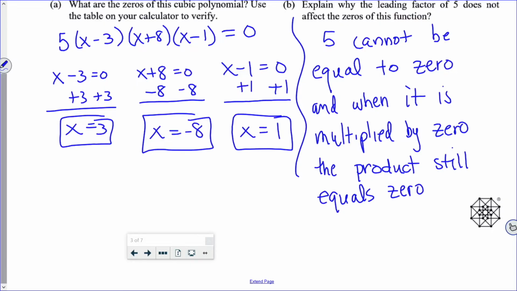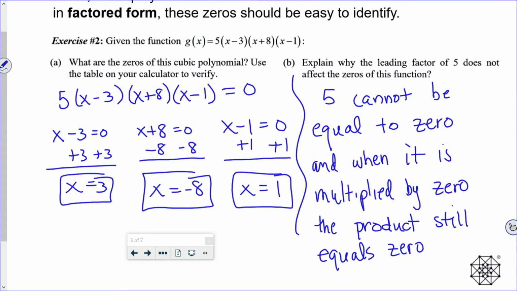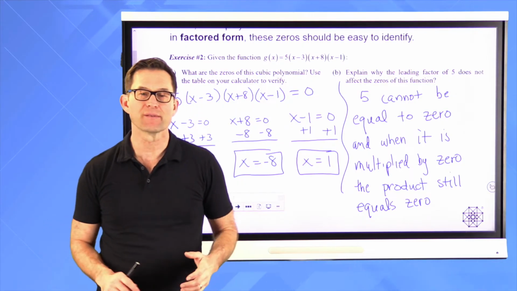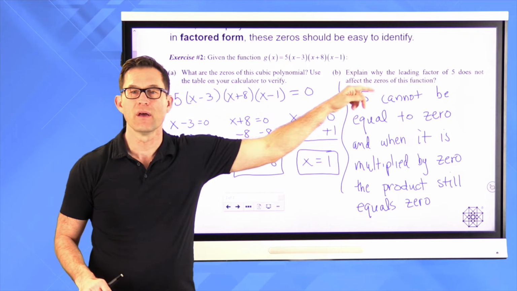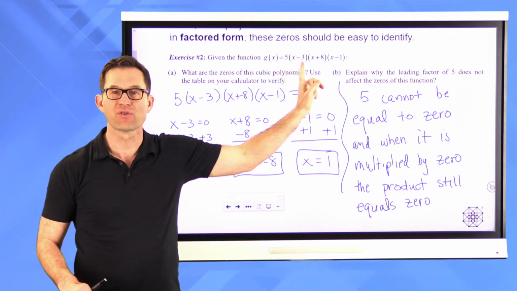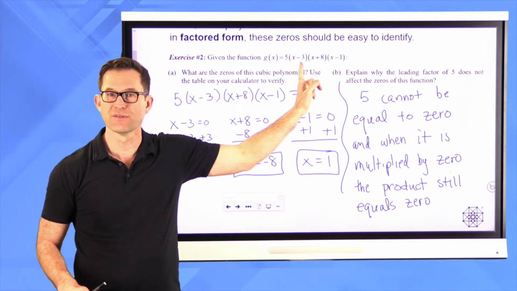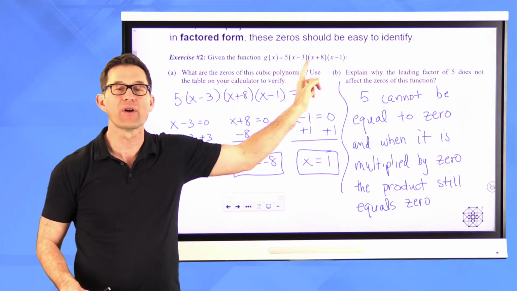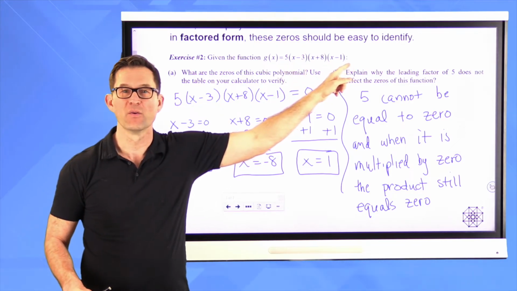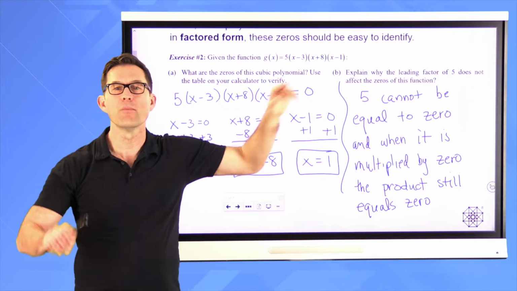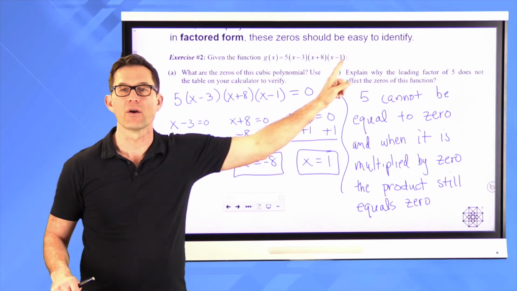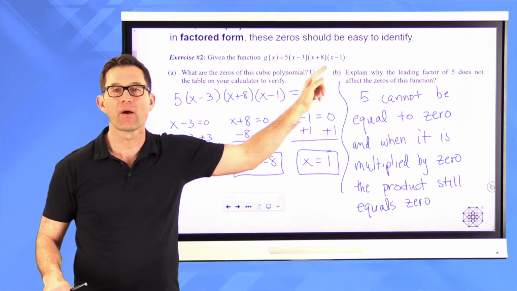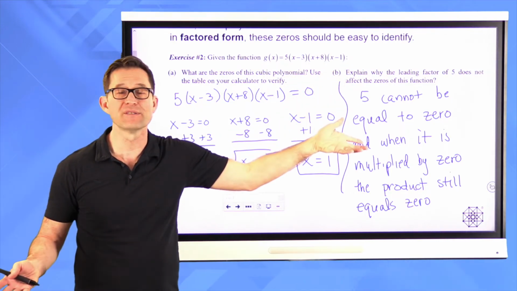Again, it's really arithmetic if you think about it, right? So for instance, if I took 3 and I substituted it into this expression, I'd get 5 times 3 minus 3, that's equal to 0. 5 times 0 times, I don't care, right? 5 times 0, boom, it's over, right? Likewise, if I took 1 and I threw it in here, I'd have 5 times, I don't care, times 0. That would be 0, right?